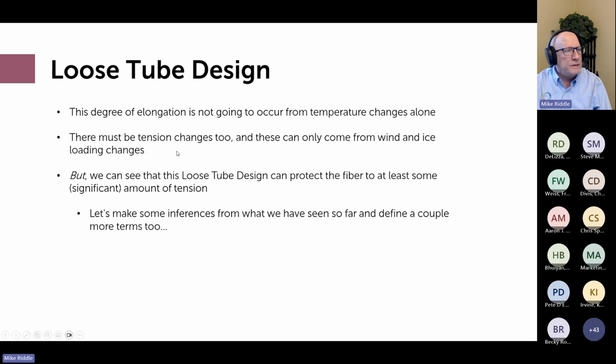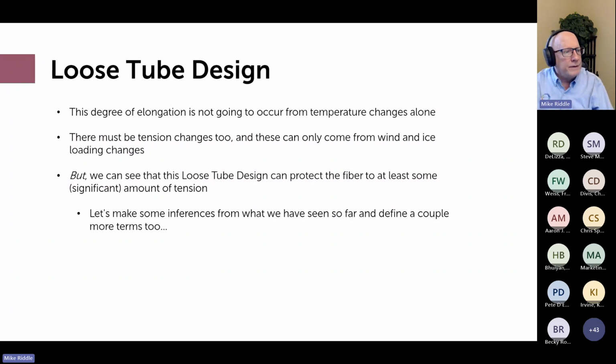There have to be tension changes too, and these can only come from wind and ice loading changes. So we do note, though, that we at least got some protection from our loose tube design just by putting the fibers in a sinusoidal shape.